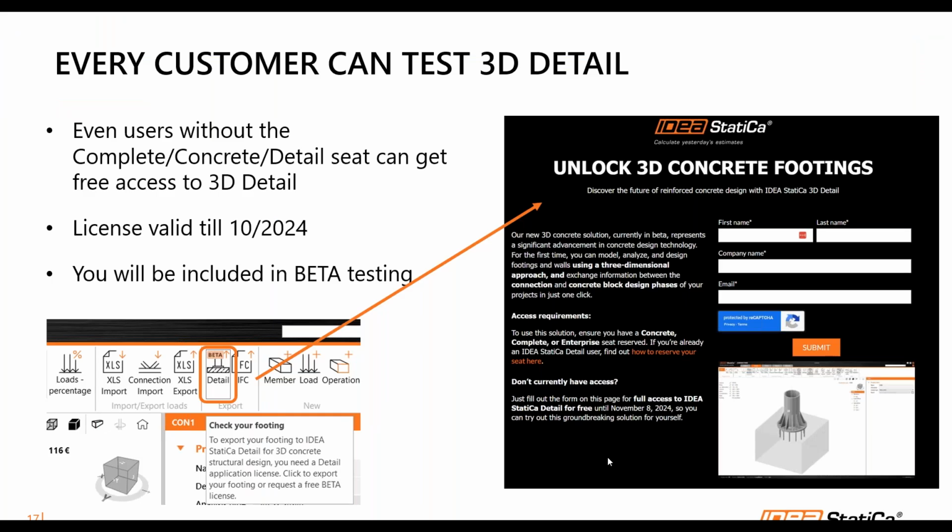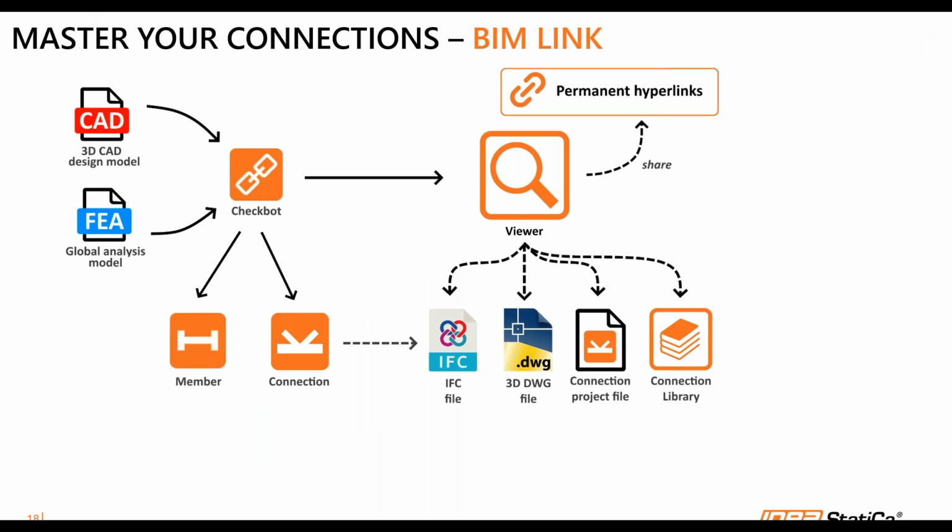Okay, just to do a quick recap of what we have covered. Your 3D CAD model, your FEA global model can be synchronized into Checkbot. And from Checkbot, you can share it to viewers and share it using hyperlinks to your colleagues.